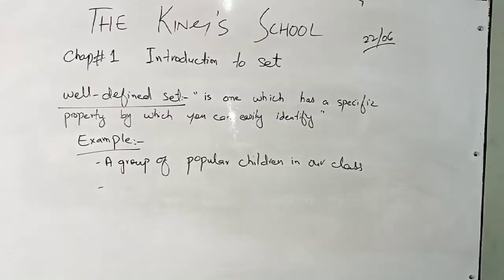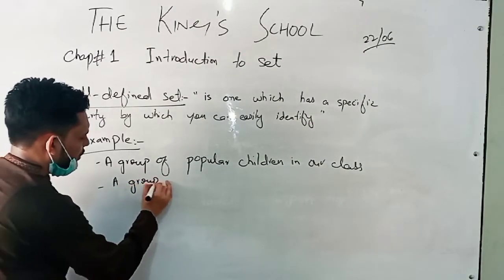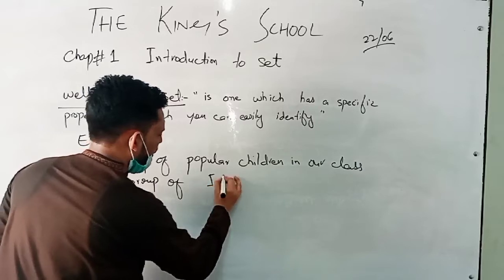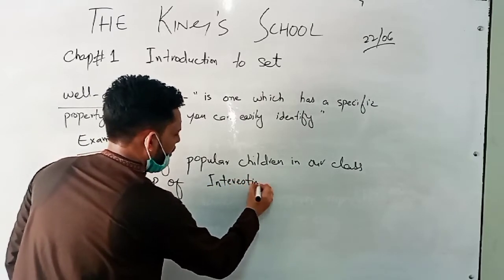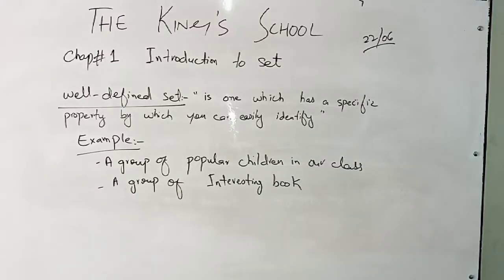We have another example, a group of interesting books. Same as before, everyone has their own choice, likeness and dislikeness about books.